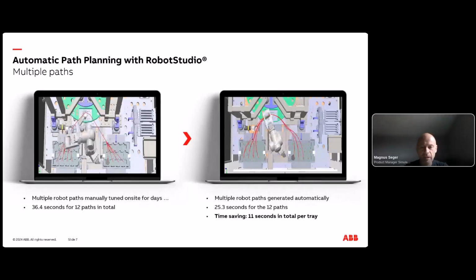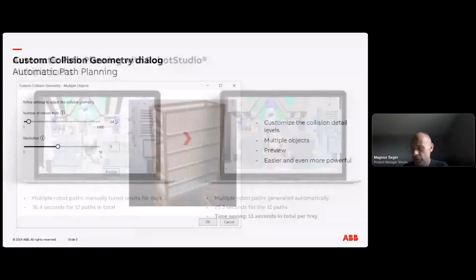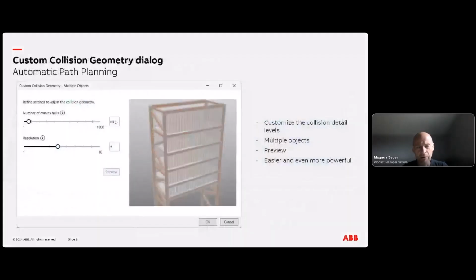Right. Now we'll jump into some new things that we have been adding to the collision-free path planning. The first thing is that we can now create the collision geometries in a more customized way. For us to calculate fast, we convert the CAD data and everything into complex shapes. It's to speed up the math and the calculation.